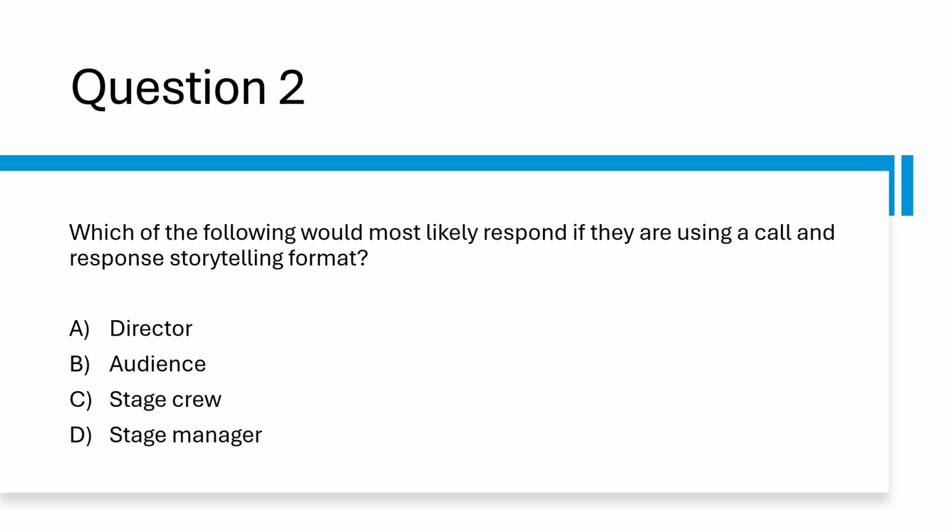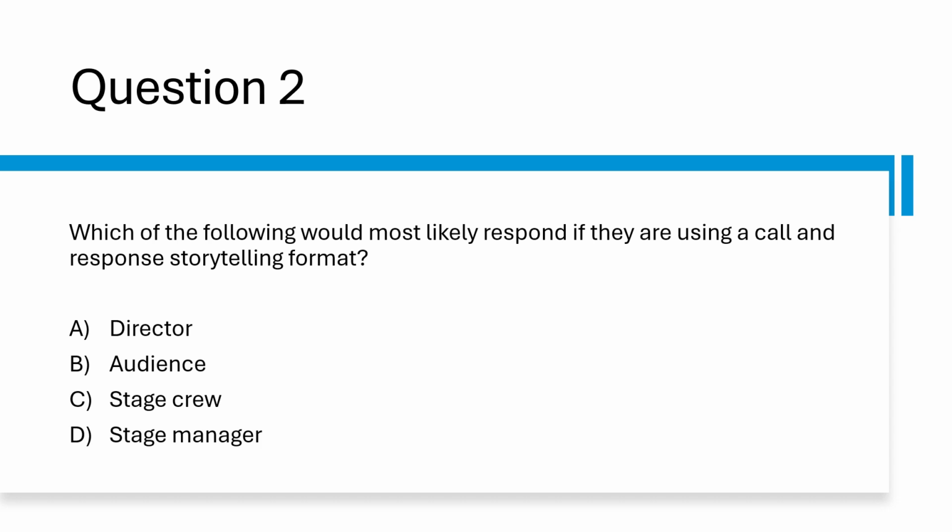Now, this one should be very easy if you understand the roles and functions of the different individuals here. If a call and response is being used, and I'm sure we know what call and response is, option A is director. It could not be the director because the director would not be required to take part in the storytelling unless he's going to be a part of the audience.